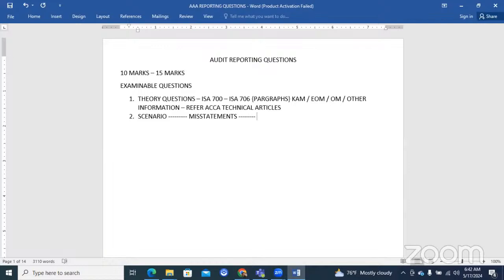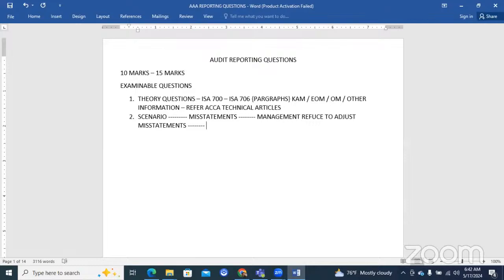So, a scenario that includes misstatements, and management refuses to adjust those misstatements. See, if management adjusts the misstatements, then it is free from errors, no problem.